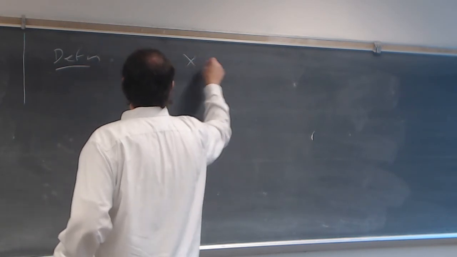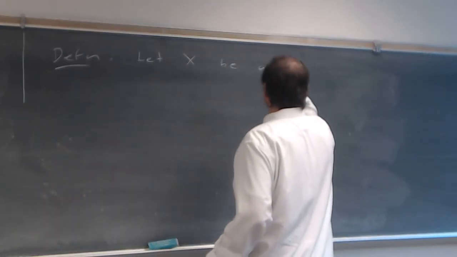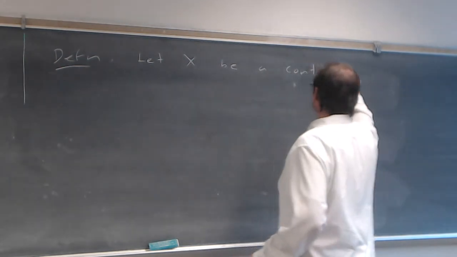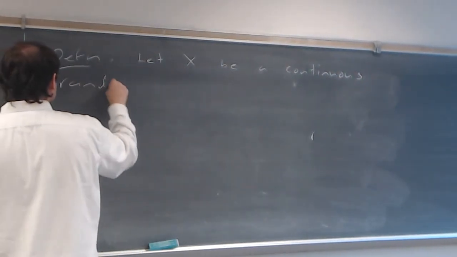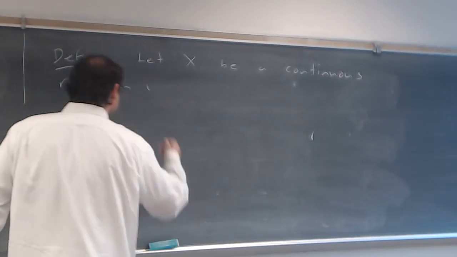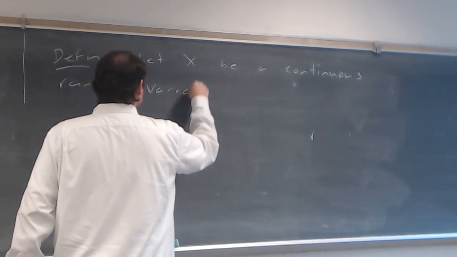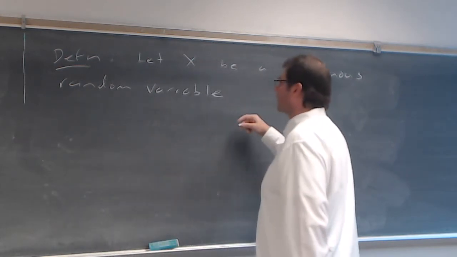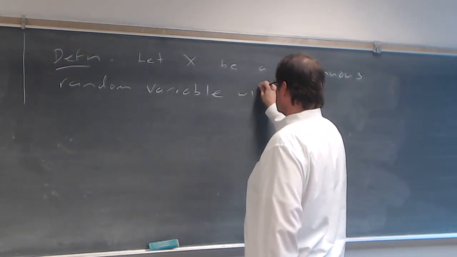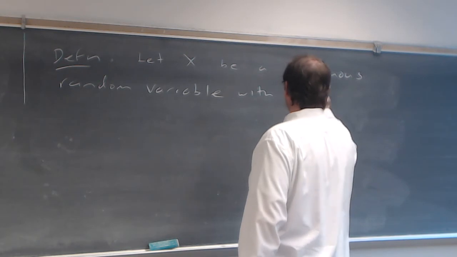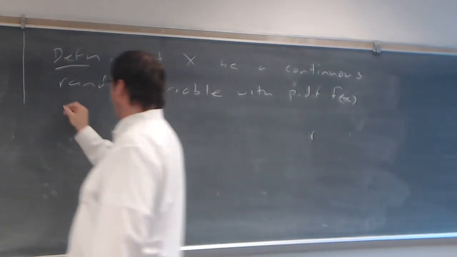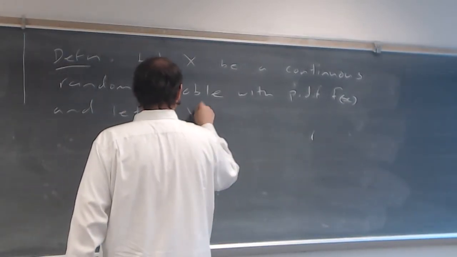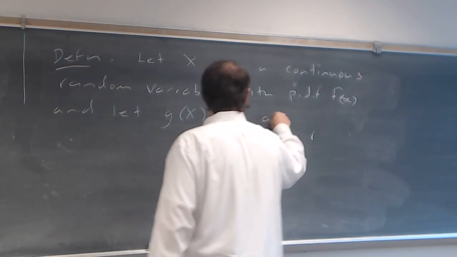Let x be a continuous random variable, and this is similar to what we did before, with PDF f of x, and let g of x be a function of x.